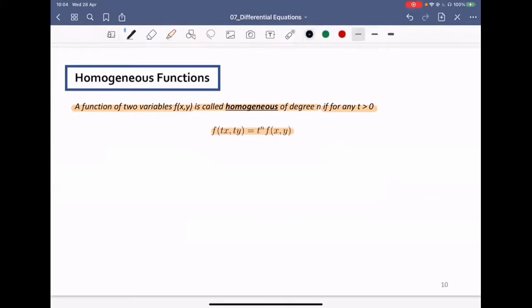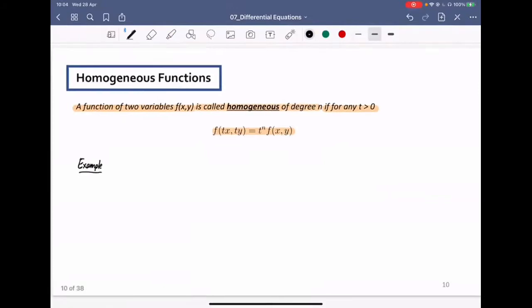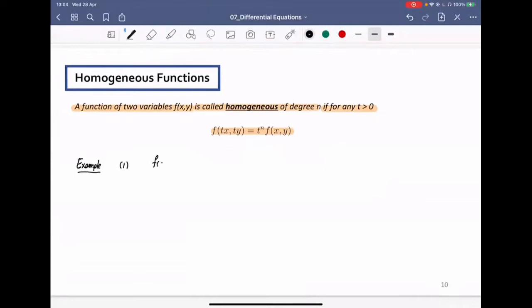Let's take a look at an example together. First example, let's say you have f(x, y) equal to x squared plus y squared.